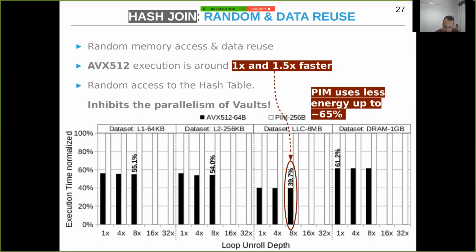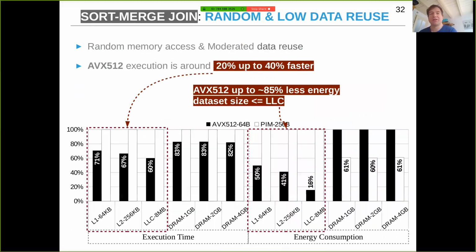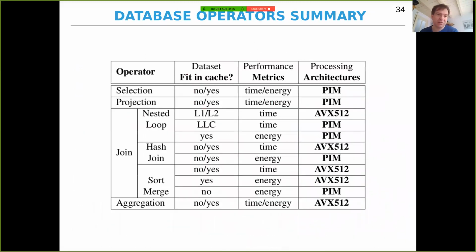Of course, if you look at memory consumption, the story is a bit different. Nested loop join is like a scan that you repeat very often, so it's not strange that it behaves the same as a filter. In these cases where you do massive sequential data access to the memory, then with a filter, PIM can help.